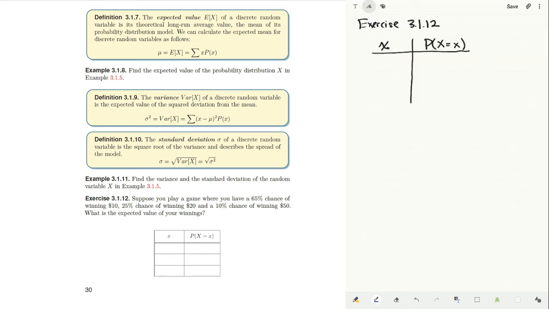So now let's consider another example. Suppose that you're playing a game where you have a 65% chance to win $10, 25% chance to win $20, and 10% chance to win $50. So what is the expected value of your winnings? So let's first write the probability distribution table. So here we're going to let x be our winnings for each game.